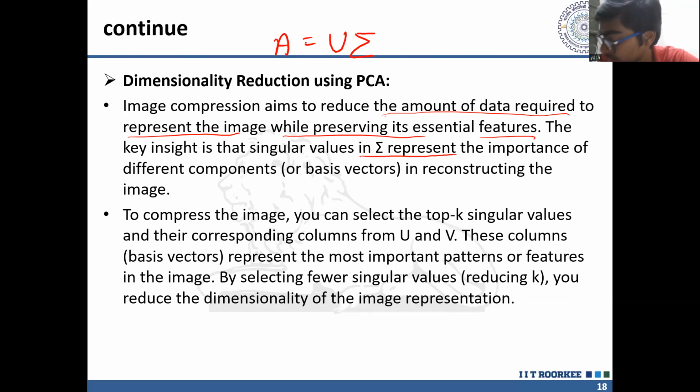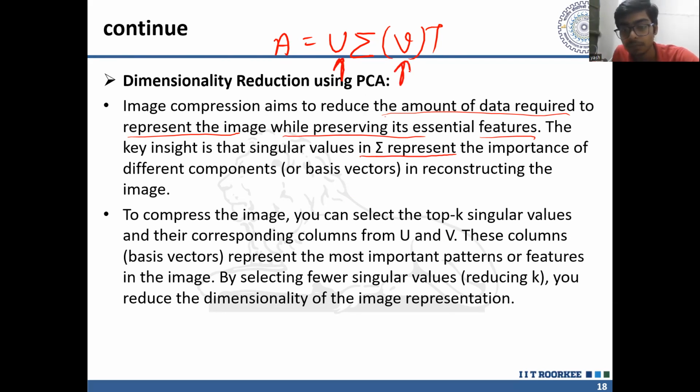we can represent the matrix A as U sigma V transpose. So to compress the image, we can select the top k singular values and their corresponding vectors from U and V. U and V are the matrices which we get from the SVD.